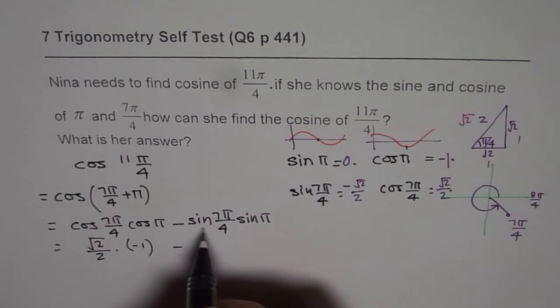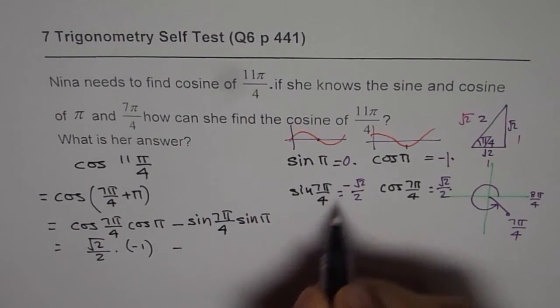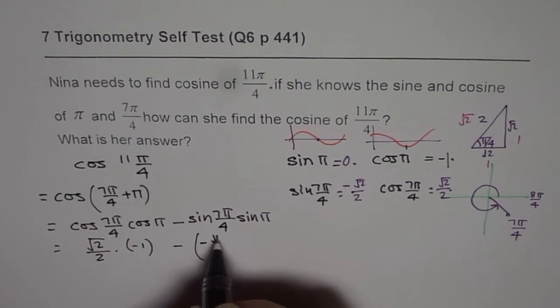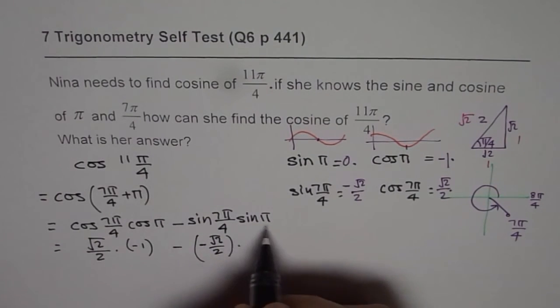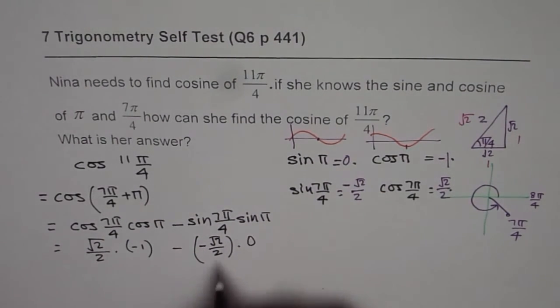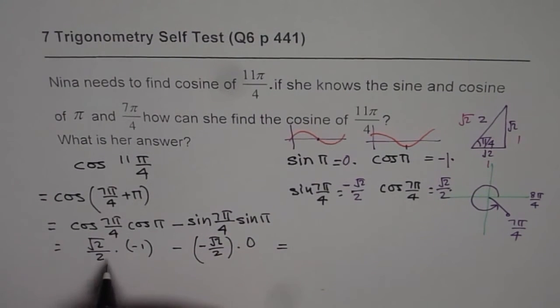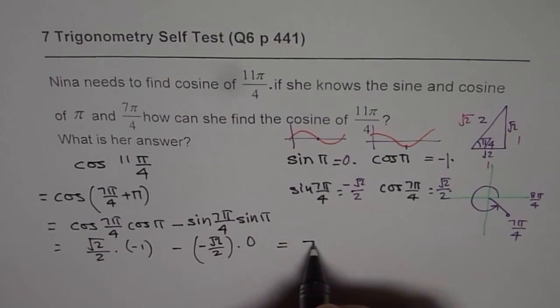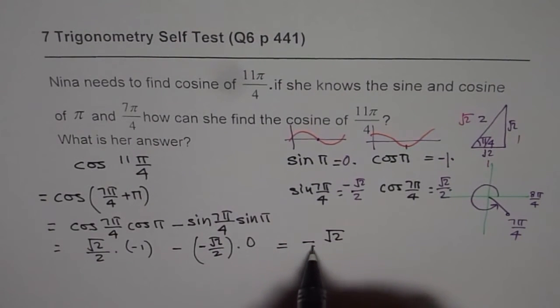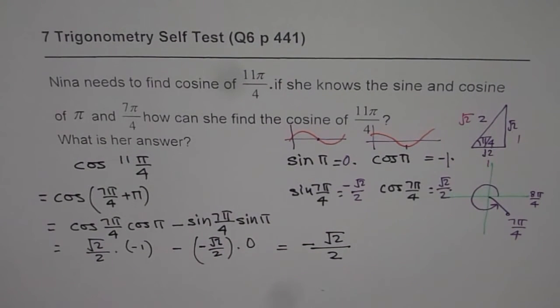Minus sine 7 pi by 4, which is minus square root 2 over 2, times sine of pi, which is 0. So the second term is 0 for us. So we are left with the first term, which is minus square root 2 over 2. So that is our answer.